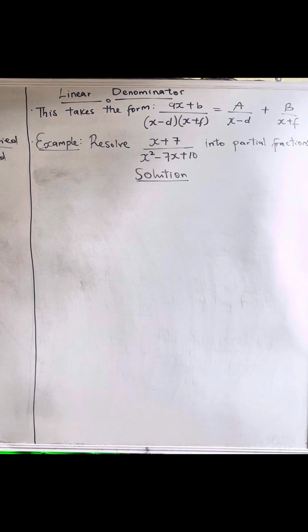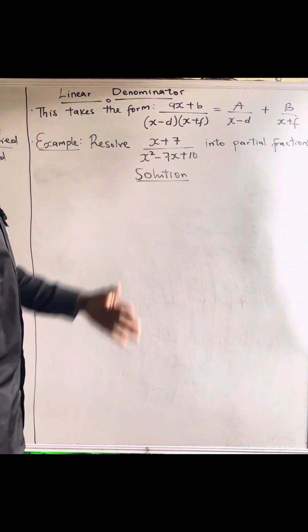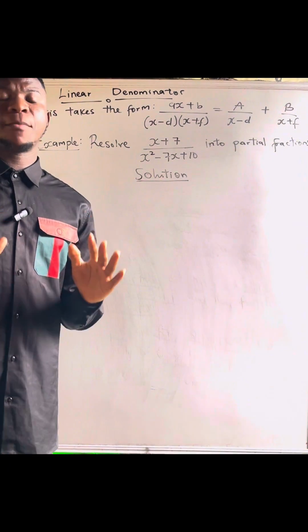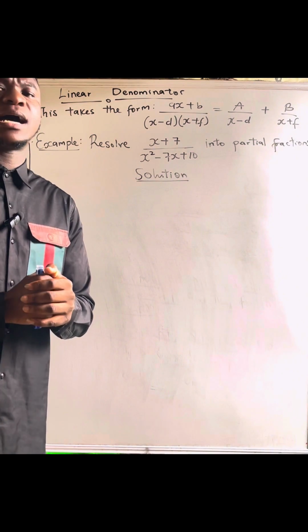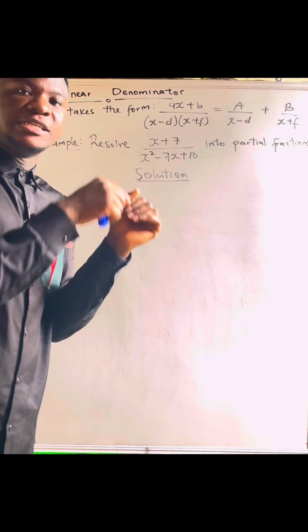So guys, the first form of partial fraction we'll be looking into is the linear denominator form. What you have to understand is that whenever you want to solve a particular partial fraction question, you must firstly consider the form in which that question is.